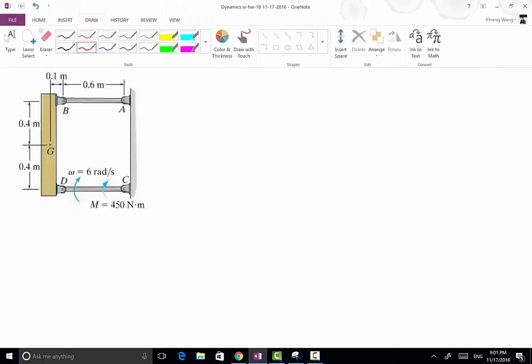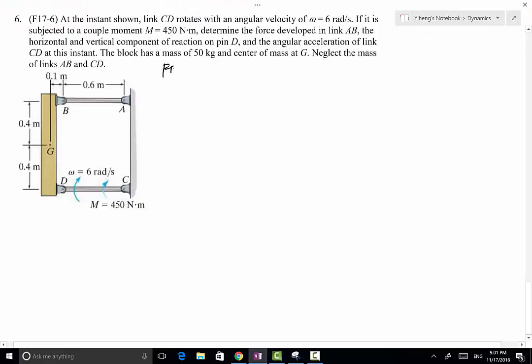So if we draw the free body diagram of this block right here, this is the point G. It is subjected to its weight, which is mg, 50 times 9.81.